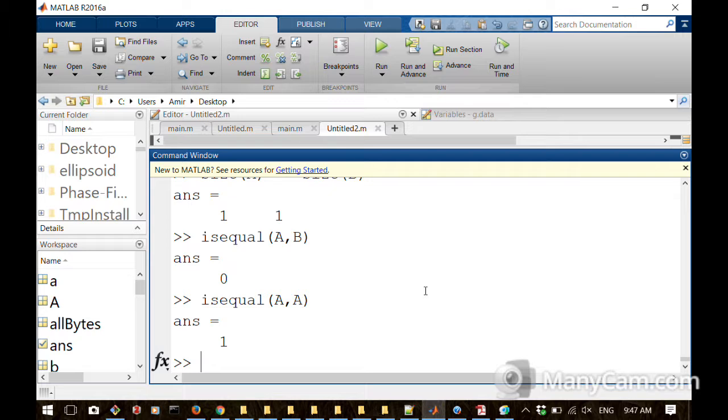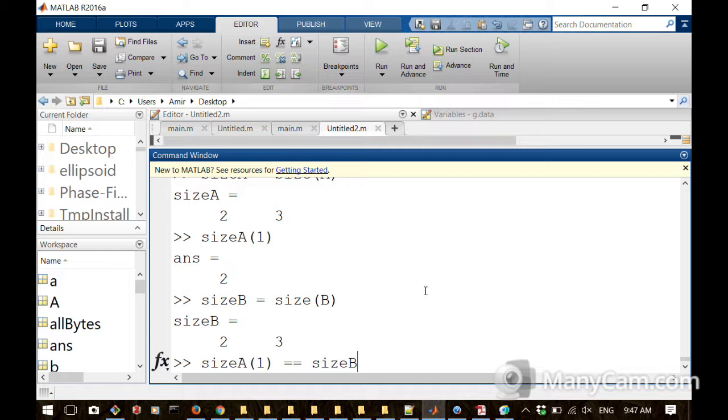So I could say sizeA equals size(A). Now, if I say sizeA(1), it's going to give me 2. And then I can compare it with size B. I could say sizeB equals size(B). Now I can say sizeA, the first element, the rows. Are the rows equal to the number of rows in B?